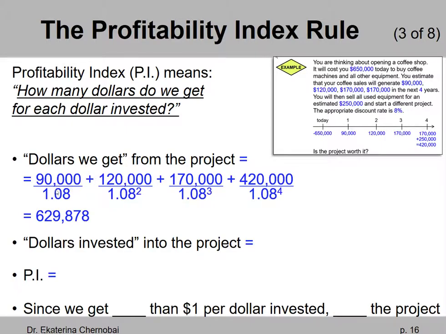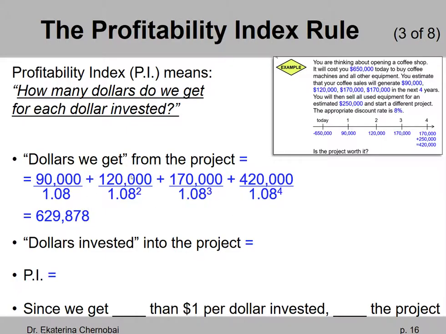So $90,000 divided by 1.08, where 1.08 is simply 1 plus the discount rate, 8%, plus 120,000 divided by 1.08 squared, plus 170,000 divided by 1.08 cubed, plus 420,000 divided by 1.08 to the 4th power.